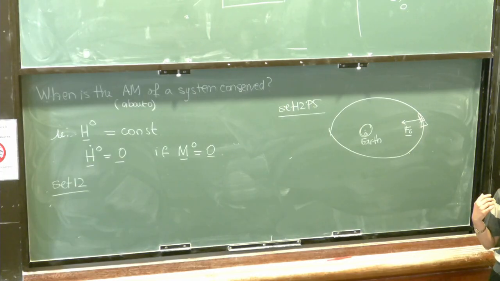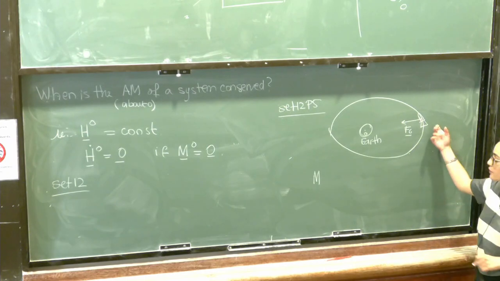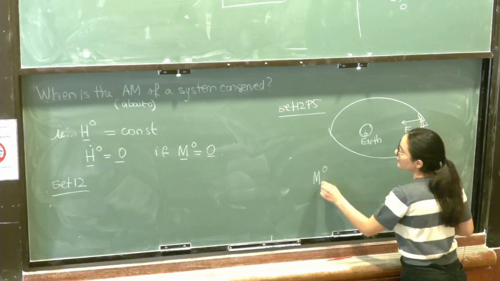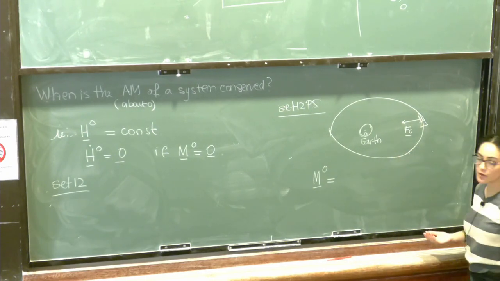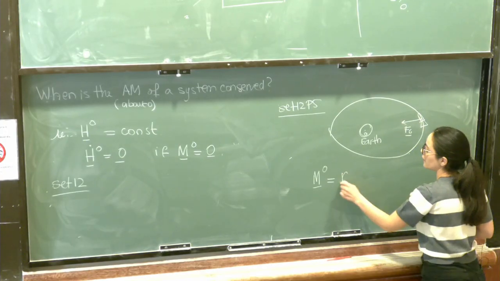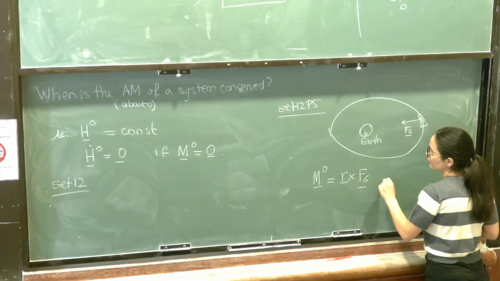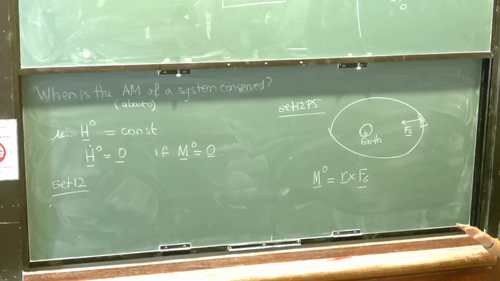No. So if I want to calculate the sum of moments of this shuttle about O, what is it going to be? How do I calculate the moment of a force? R cross F, and here F is Fg. But what do we know about MO for this problem? It's 0. Why? Parallel, right.